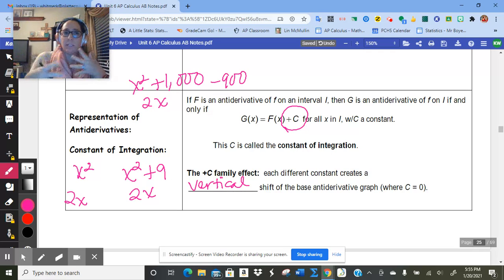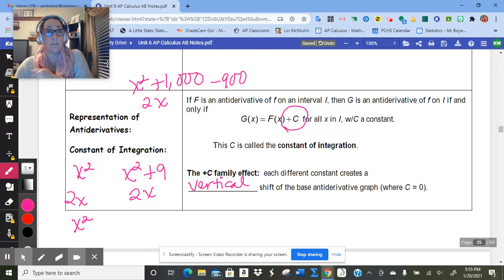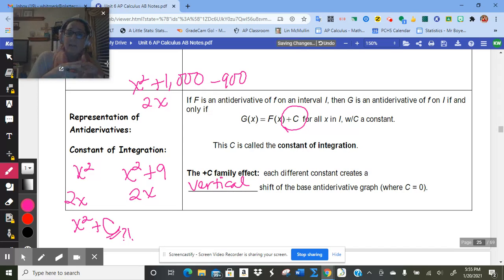So that's the little bit of a tough part. I know that if I took the antiderivative of 2x, it's going to go backwards to x squared. But I have to put plus c because I have absolutely no idea what that number could have been that I took the derivative of. That's called the constant of integration.